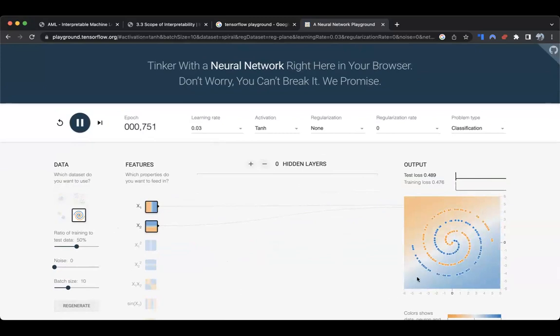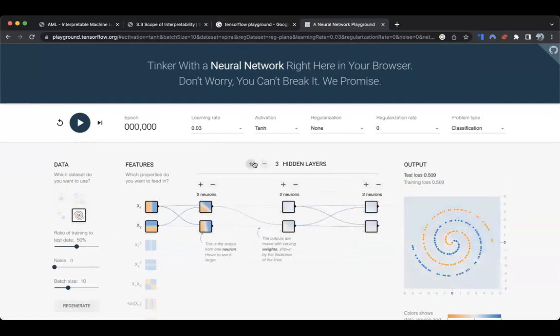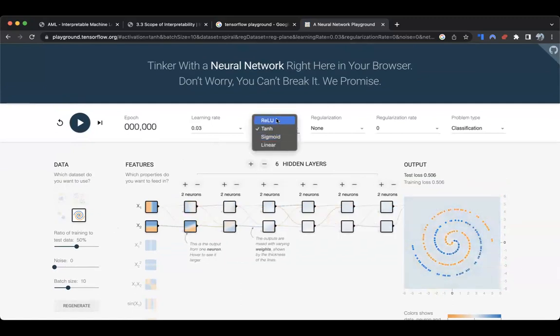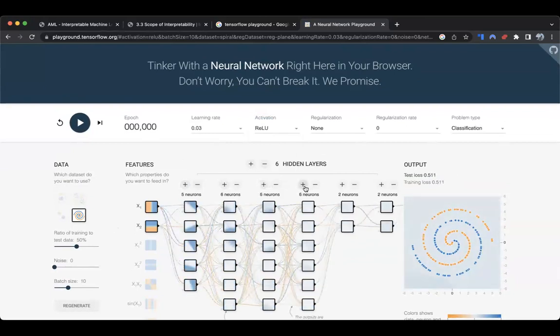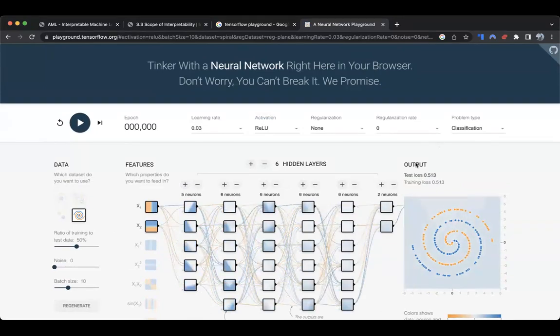Linear models are very bad at discerning this one, but they are easy to understand. Whereas with a complex model with high non-linearities like this, let's give it ReLU so it trains pretty fast. Like this. And let's try to train.